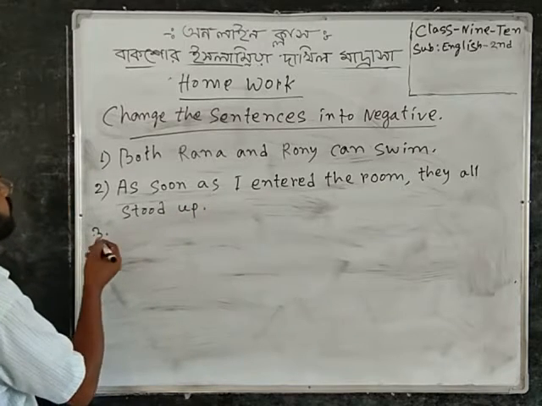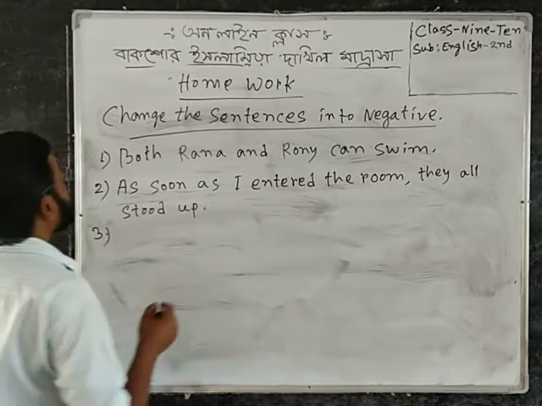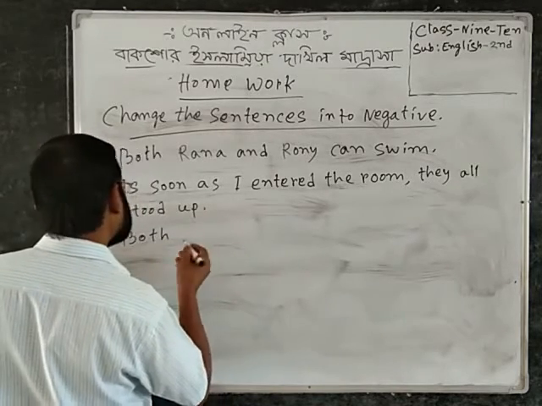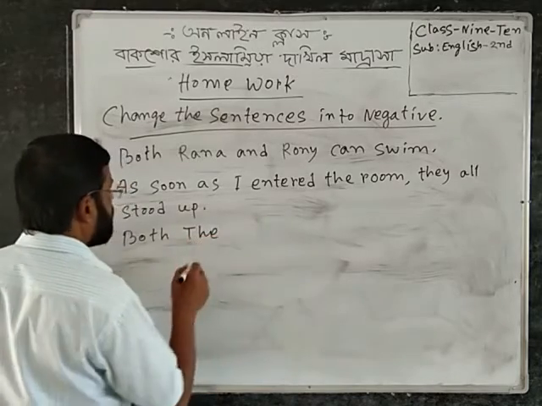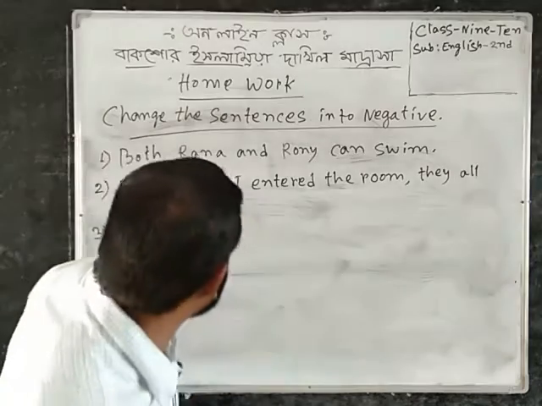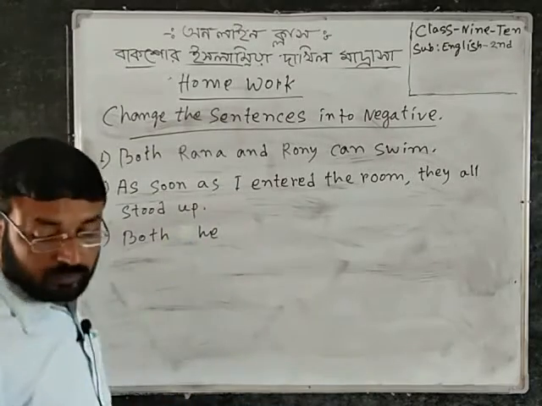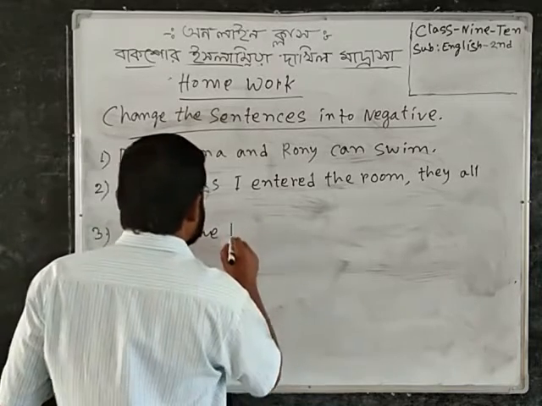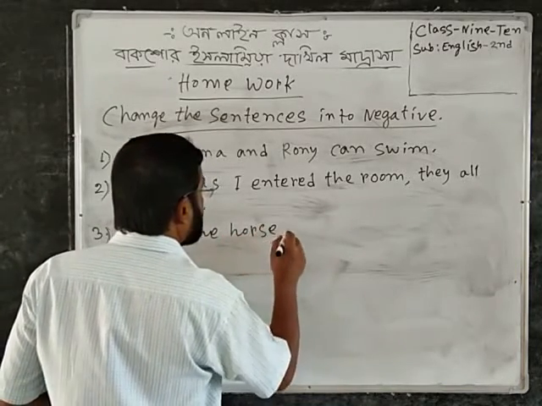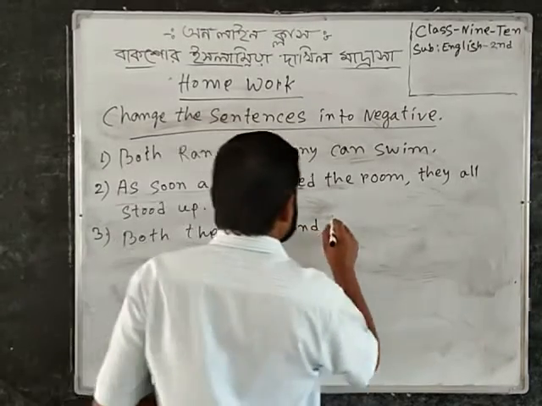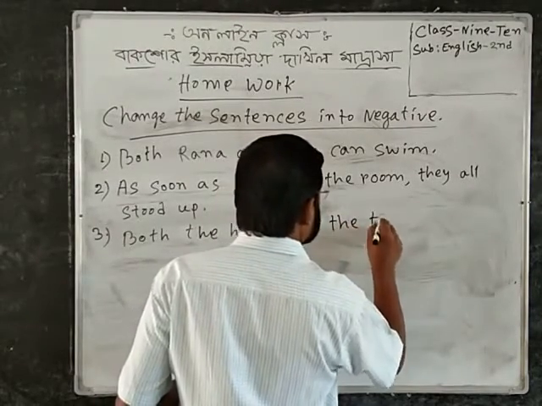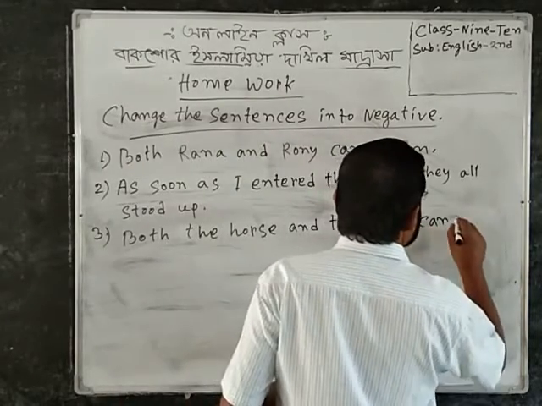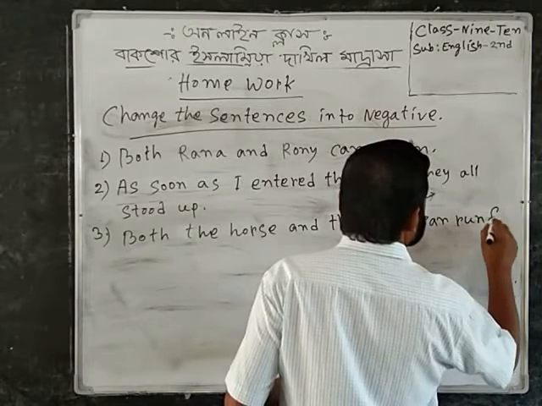Number 3: Both the horse and the tiger can run fast.